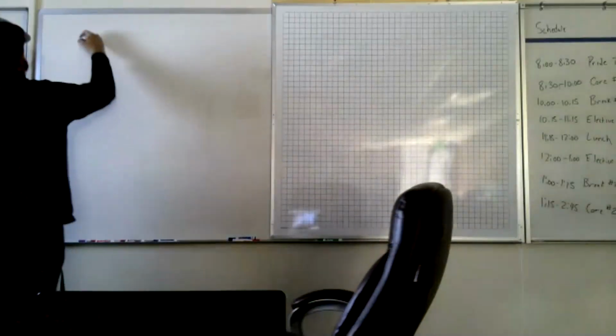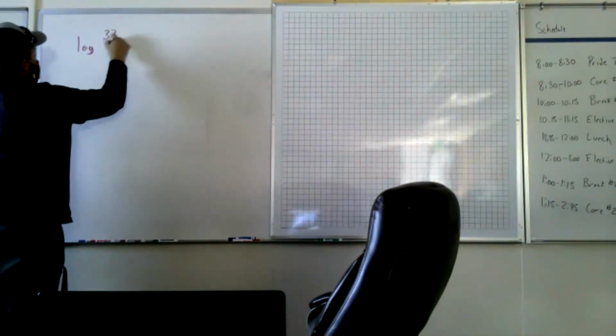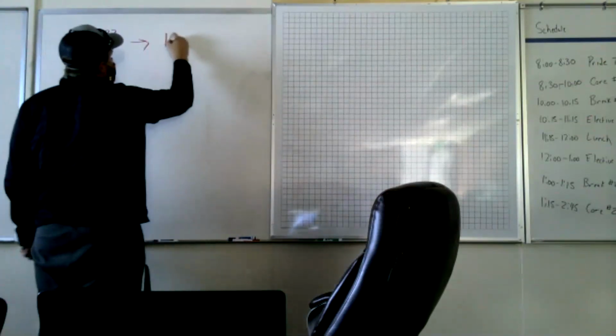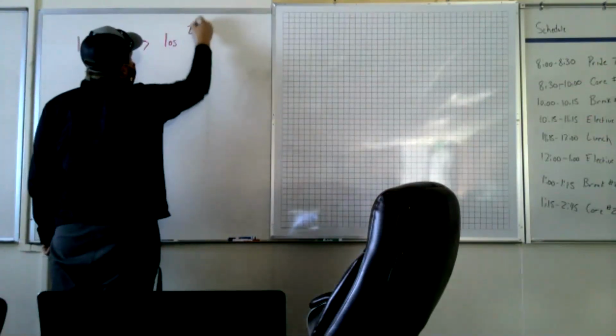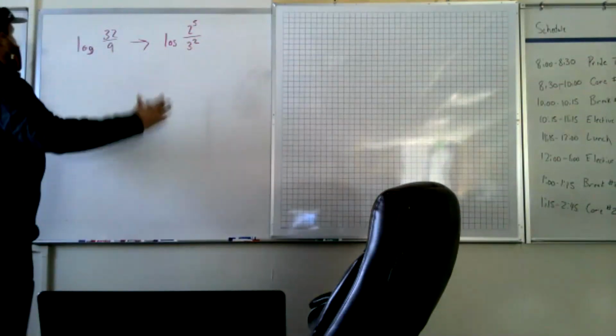So the first thing that I want to do is change the log of 32 divided by 9 into the log of 2 to the 5th over 3 squared. Okay, now I've got my numbers.